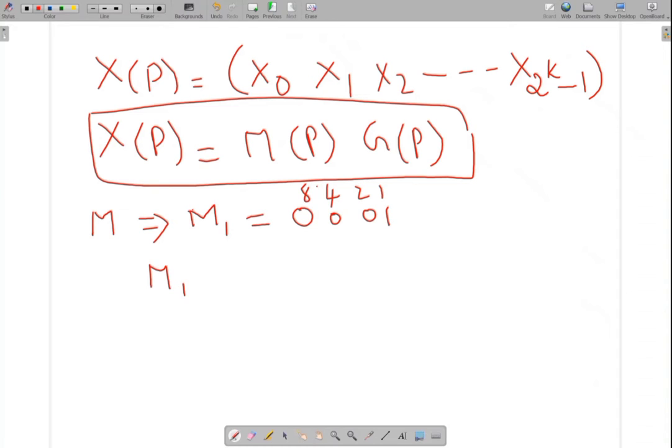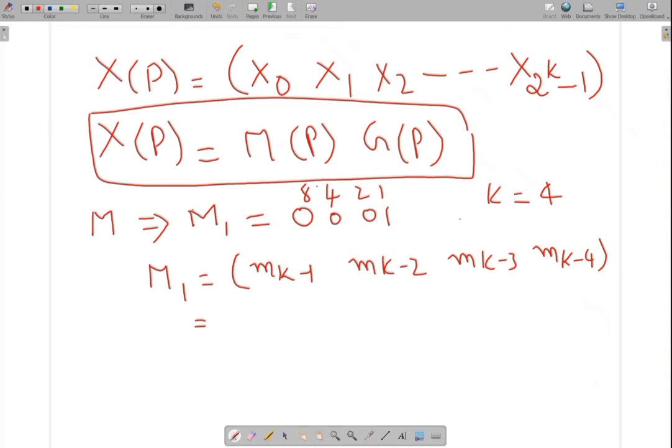But generally m1 is represented as m k minus 1, m k minus 2, m k minus 3, m k minus 4, where k is equal to 4. Substitute k is equal to 4 in the above equation. 4 minus 1 is 3, 4 minus 2 is 2, 4 minus 3 is 1, 4 minus 4 is 0.